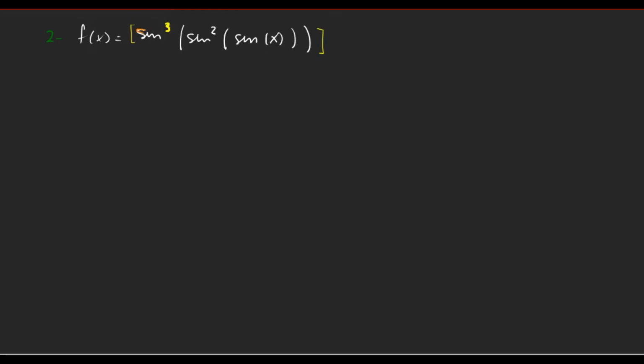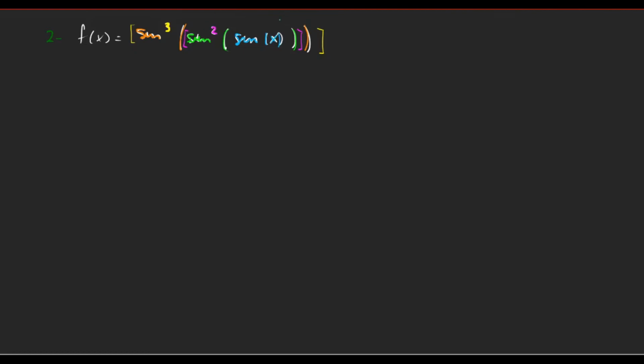Then after this we had to calculate this sine. But after calculating this sine, we first had to square this function. We are squaring all this thing that's in here. After squaring, we had to calculate the sine of something. And we were actually calculating the sine of the sine of x.